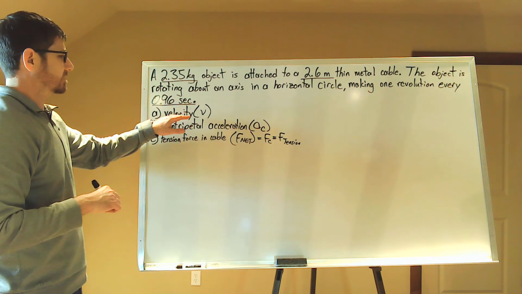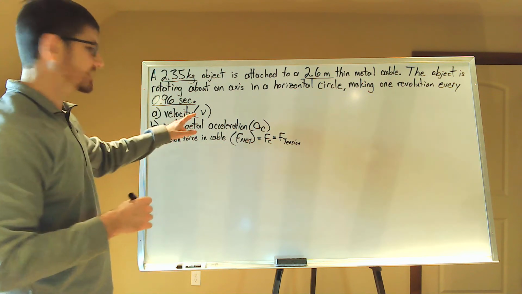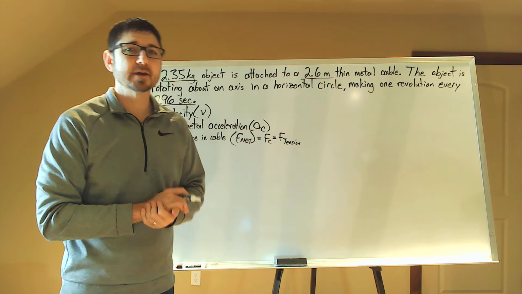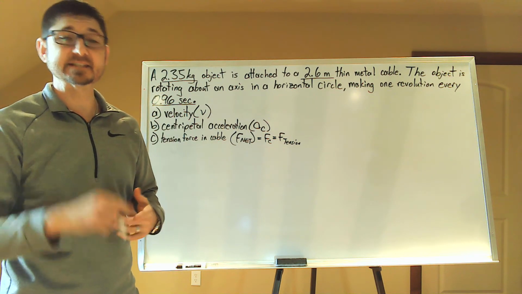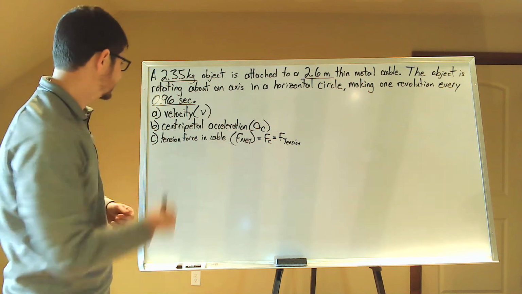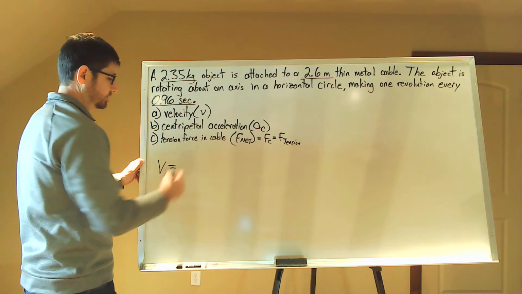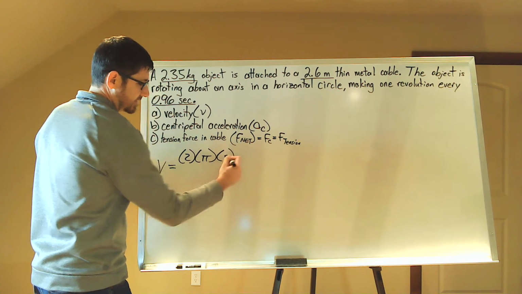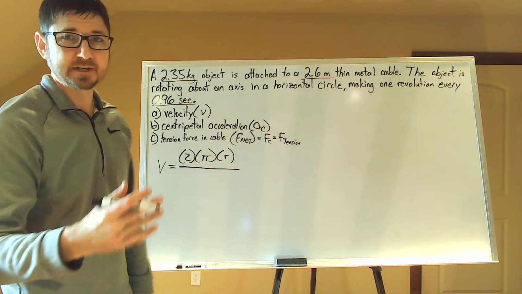So let's talk about part A, the velocity of the object. To calculate the velocity of an object in uniform circular motion, you have to know two things. We have to be able to find the displacement vector for the object. So velocity is equal to 2 pi times the radius divided by the time period of the object.